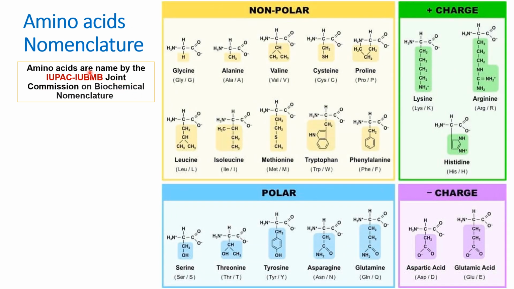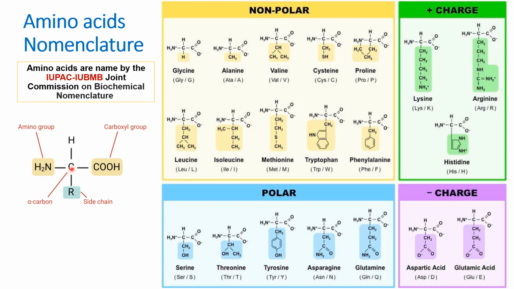So the nomenclature of amino acids was given by a joint commission on biochemical nomenclature, like how we have IUPAC, IUBMB is also there. So IUPAC, IUBMB is a joint commission which came up with various nomenclature for the 20 amino acids. As I told you before, they are alpha amino acids.